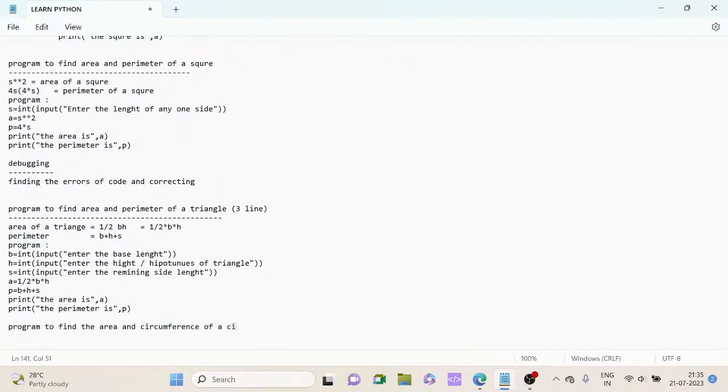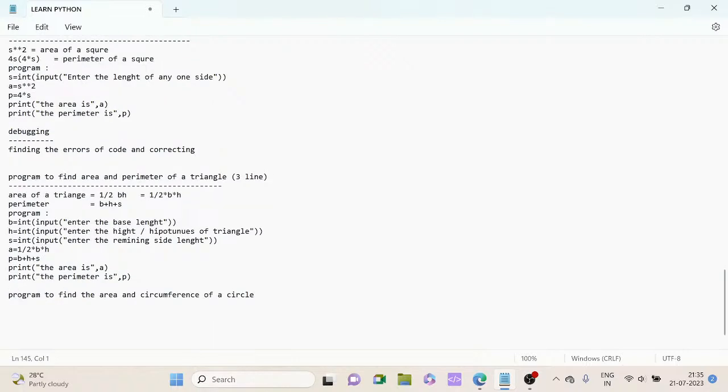You know what circumference is. Circle has no sides, so we are using circumference. So now, program to find the area and circumference of a circle.